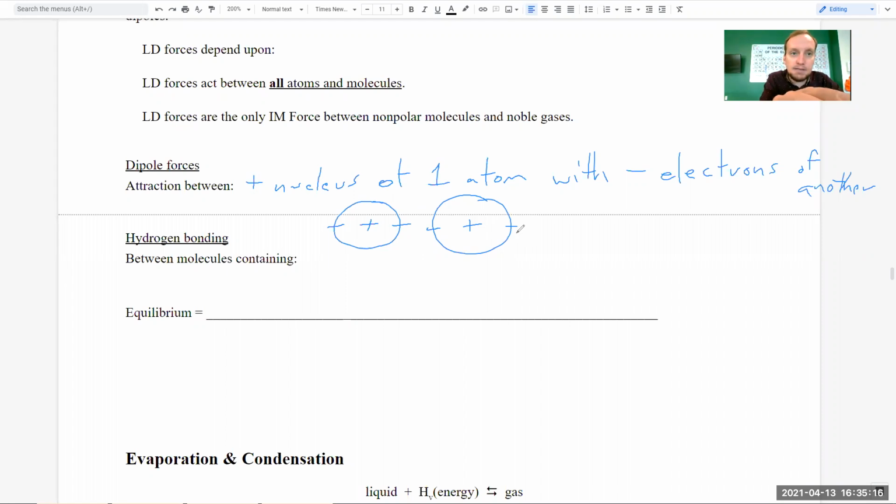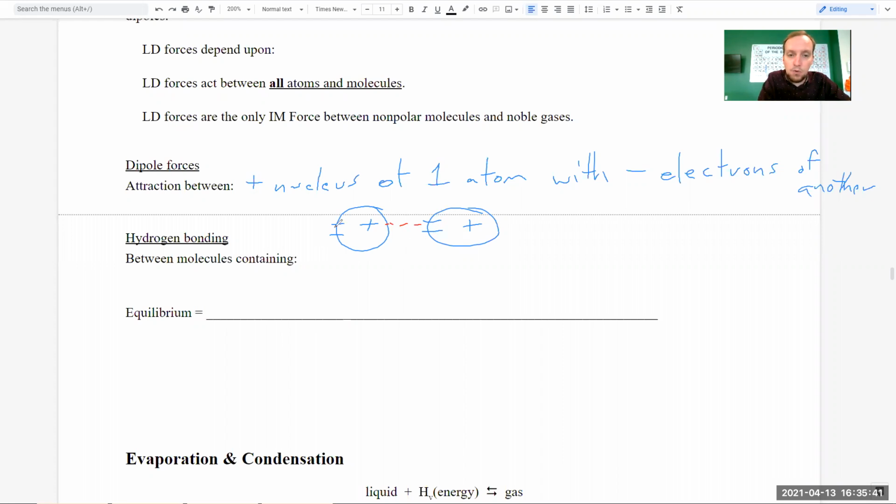Well, what's going to happen is that for a very, very short-lived period of time, the interaction between the nucleus, it's going to look more like this. The electrons will kind of get away from these electrons, and there will be an attraction between the nucleus of the atom on the left with the electrons on the atom to the right.